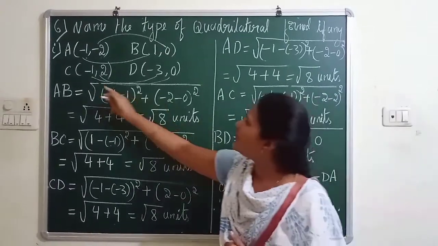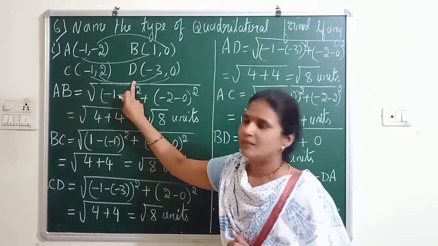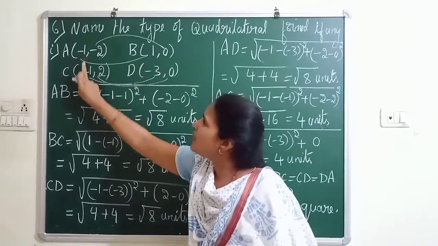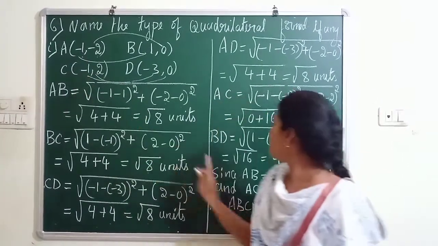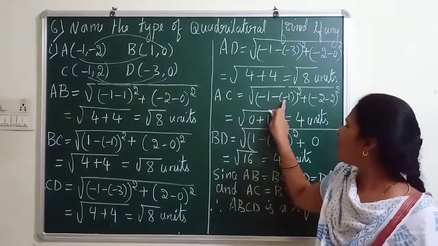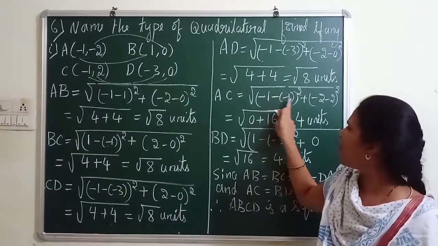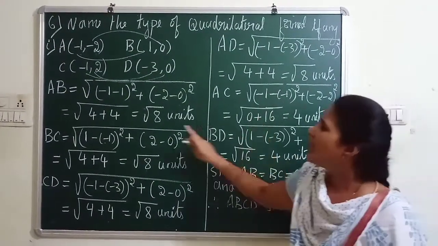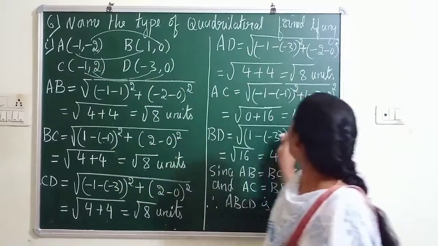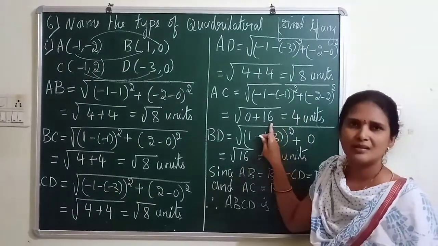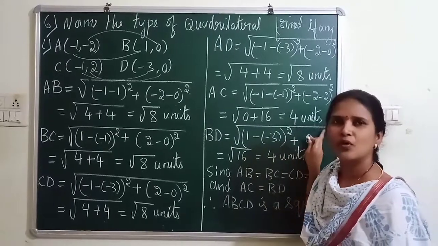So what are the two diagonals here? AC and BD. So what is AC here? -1 minus of -1, that is minus of minus, that is +1. So -1 plus 1 becomes 0. And (-2 - 2) square, that is -4 square is 16. So √16 is 4 units.